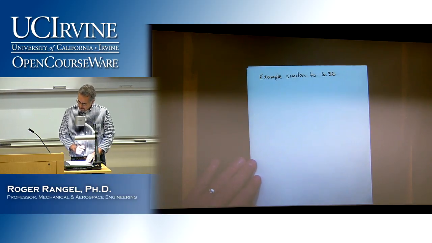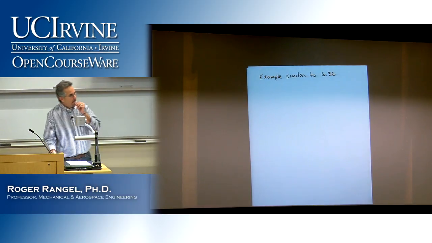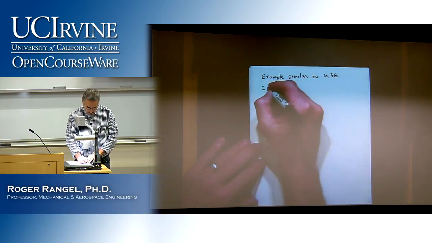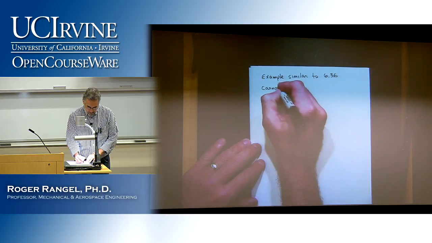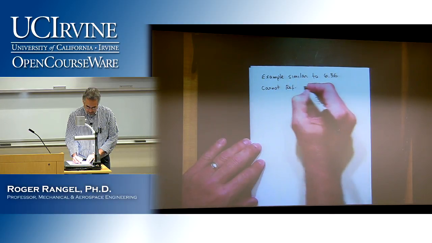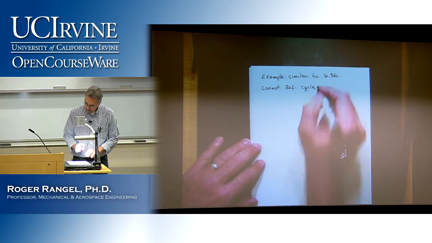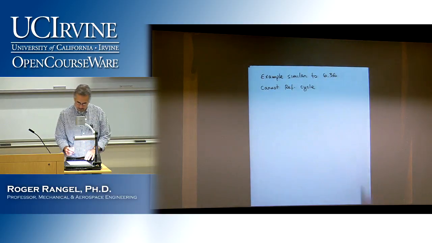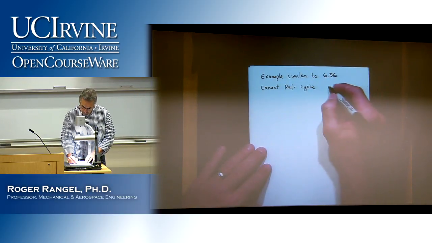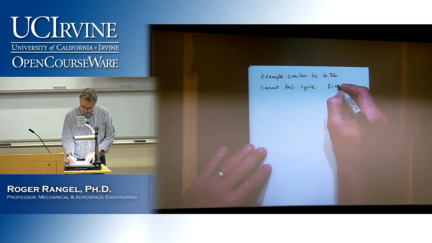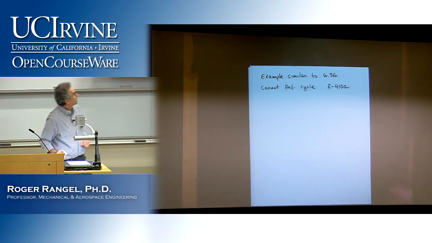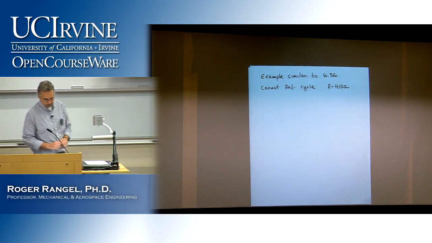So what this problem says is that we have a Carnot refrigeration cycle involving refrigerant 410A. All right? That's my substance.